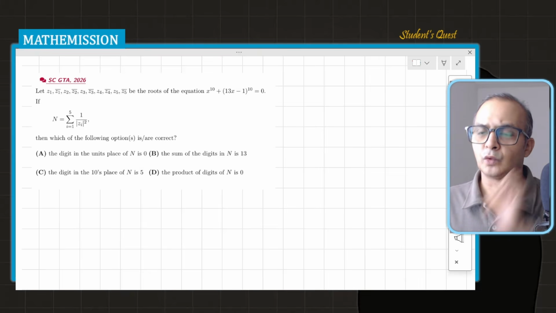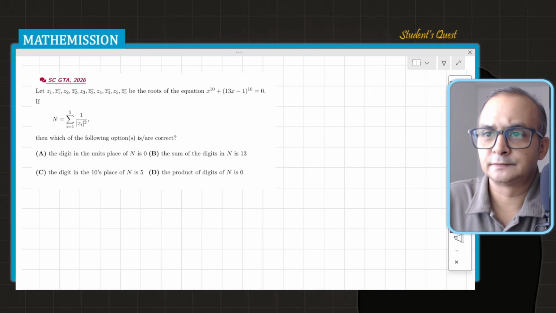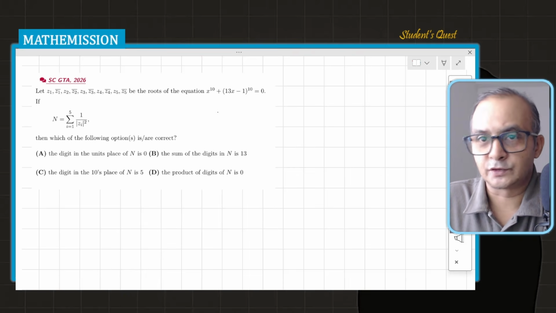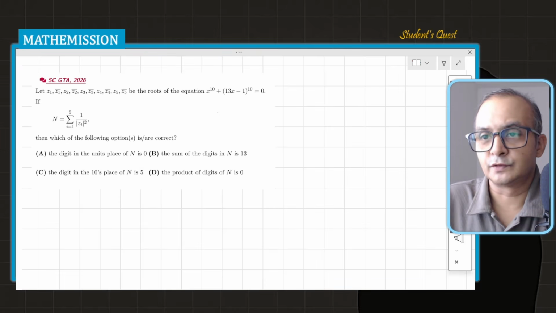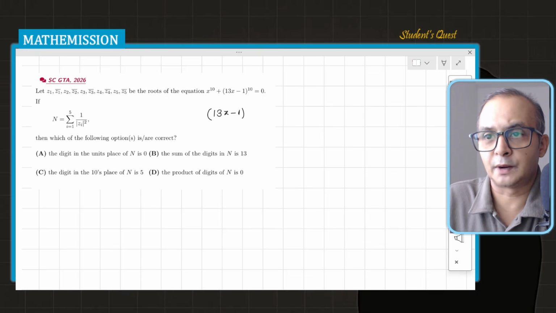So what we can do here is first try to convert it into a complex number. We can write this as (13x minus 1) to the power 10 is equal to minus x to the power 10.